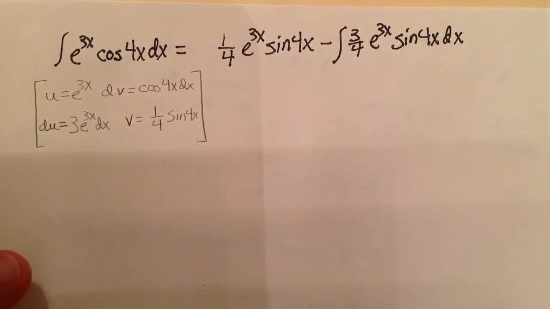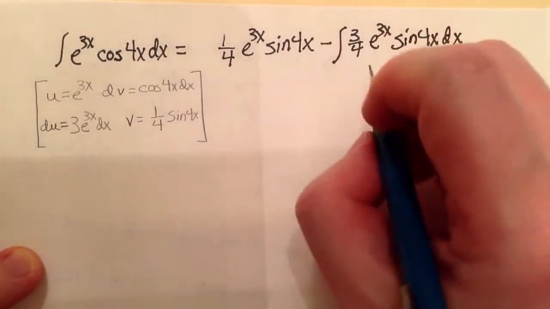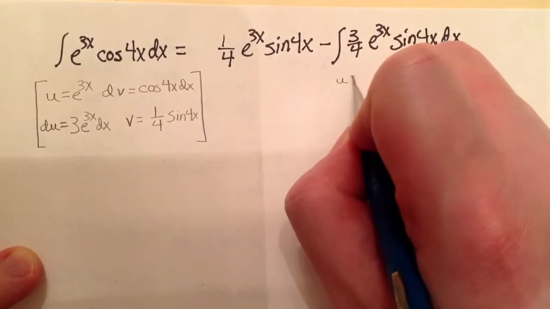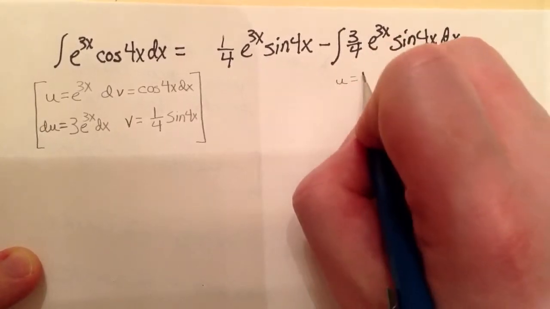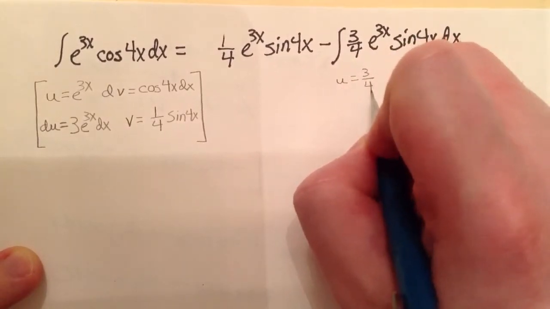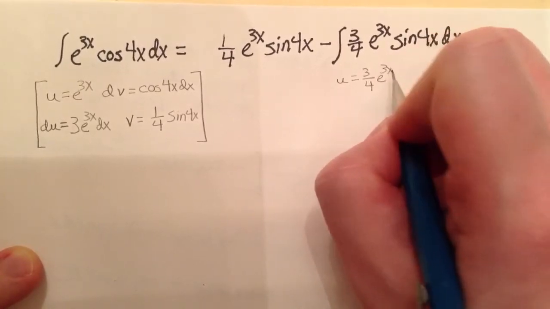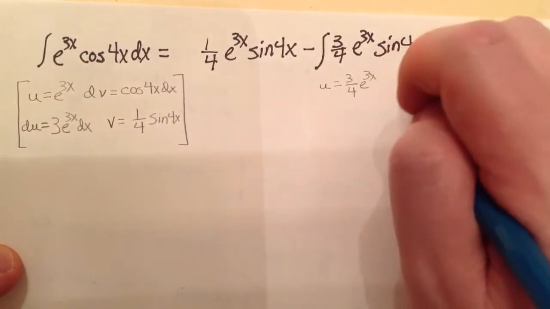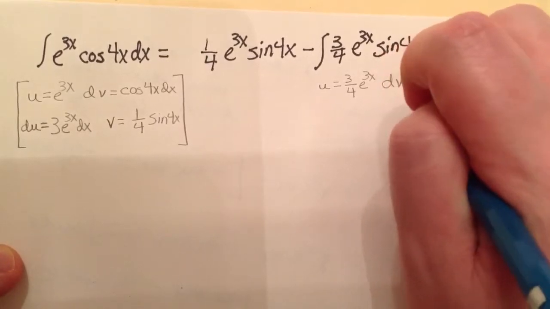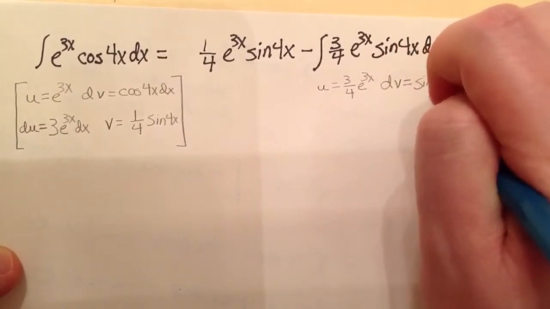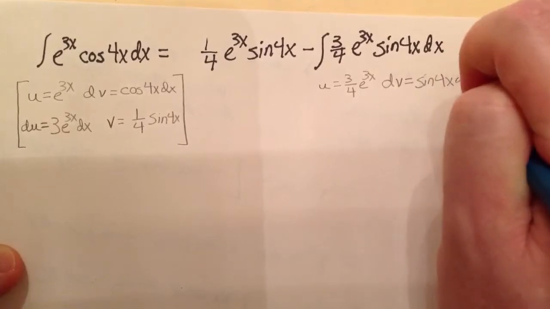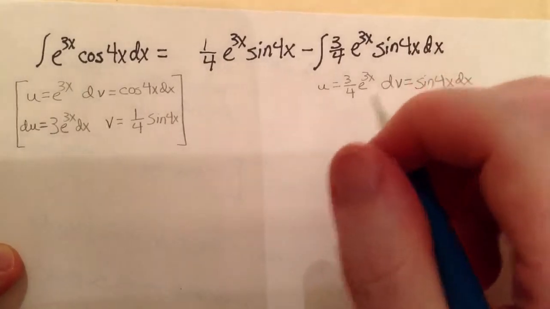Okay, and so we have repeating integration by parts. We'll look at distribution of subtraction, but inside the integral we have the next phase. We have u equal to 3/4 of e to the 3x, and dv equal to the sine of 4x dx.